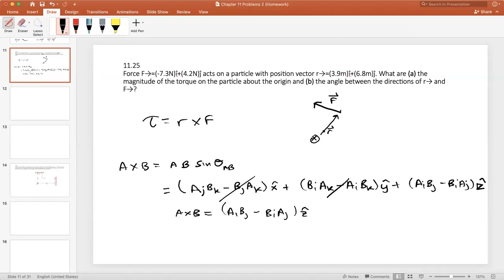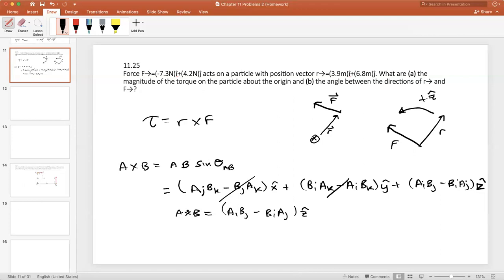Which of course means that if R points in this direction and F points in this direction, R crossing F is a positive rotation. It should be positive, we hope. And it'll come out of the page towards us in the positive Z hat direction.